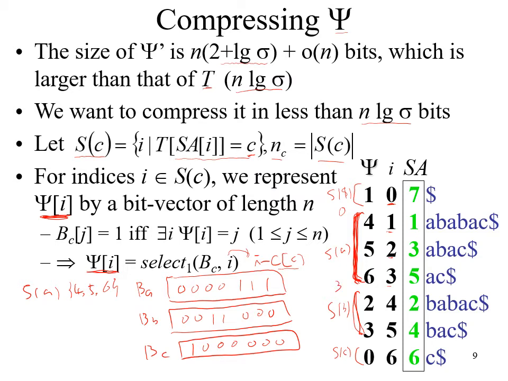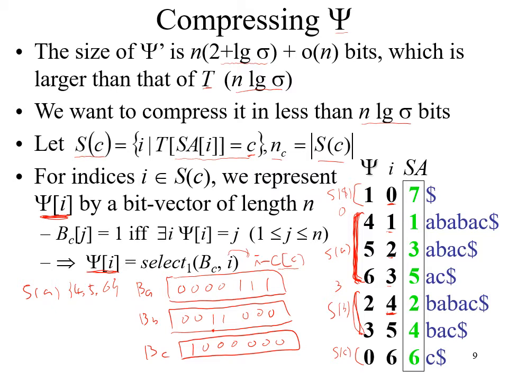So to compute psi 4, we subtract 3 from I, then we compute 4 minus 3, then we find the position of the first one in B sub B, then we get 2.